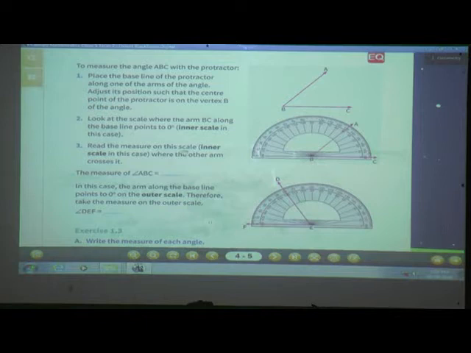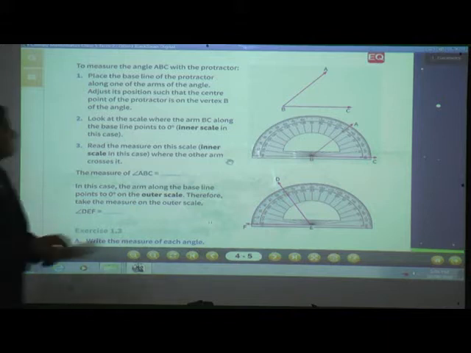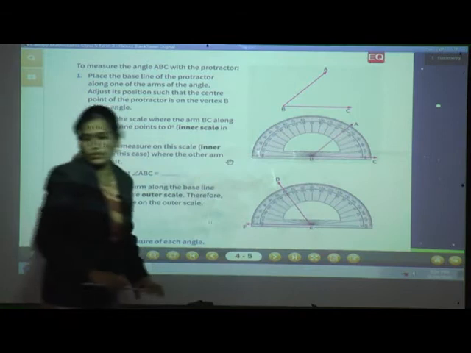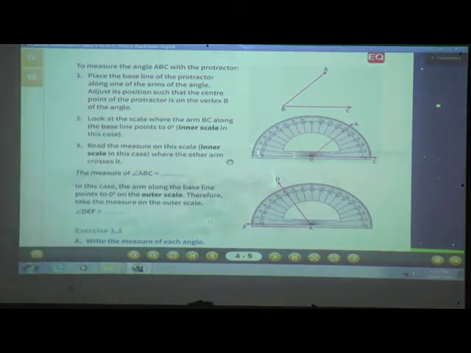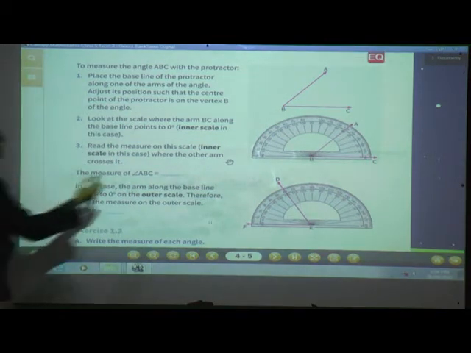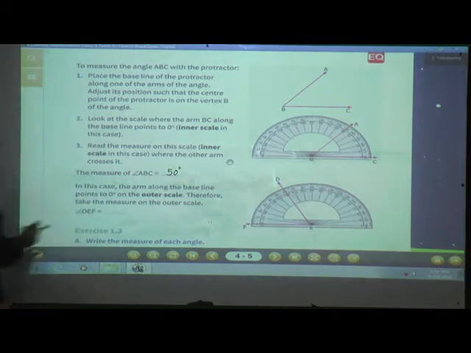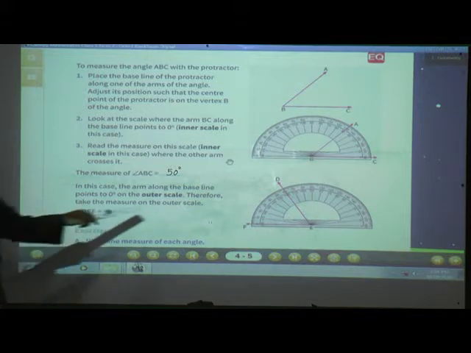Now read the measure on this inner scale. What is the measurement? See here, 50 degree. So the measure of angle ABC is 50 degree. Now in this case the arm along the baseline points to 0 degree on the outer scale. Therefore take the measure on the outer scale.